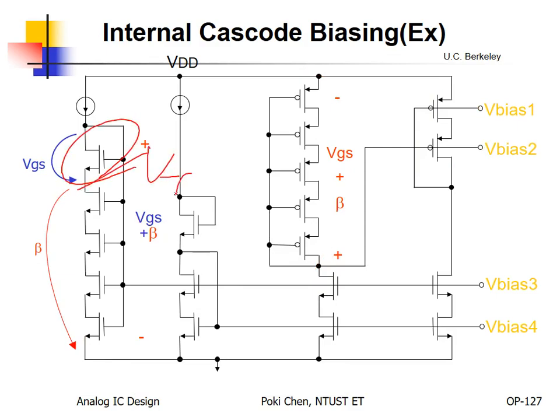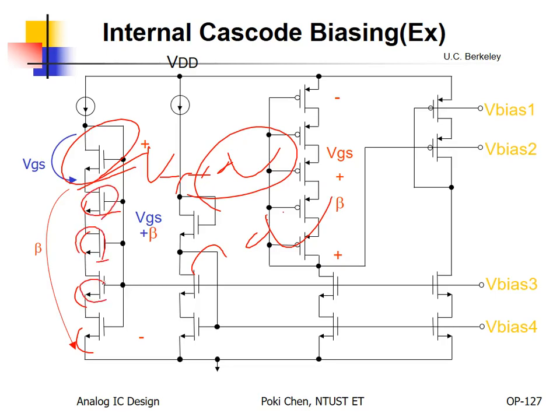So here, VT plus delta V. And how about the others? They will help you provide something similar to delta V, but not exactly. You can guess according to your intuition. Just by intuition, right? The more transistors you have, the higher delta V you can get. That's it.